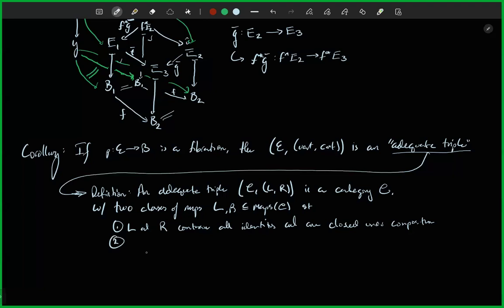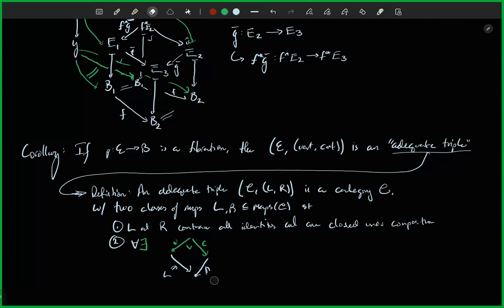Two, I will do a nice little for-all-exists diagram here. For any diagram like this, where this one is in L and this one is in R, there is a pullback where this one is in R and this one is in L. And I wrote those labels wrong, so I'm going to fix that.